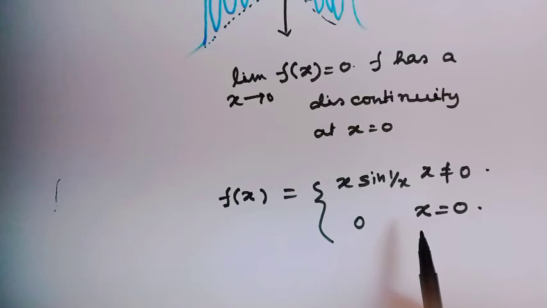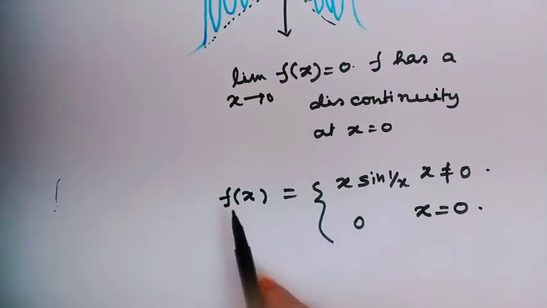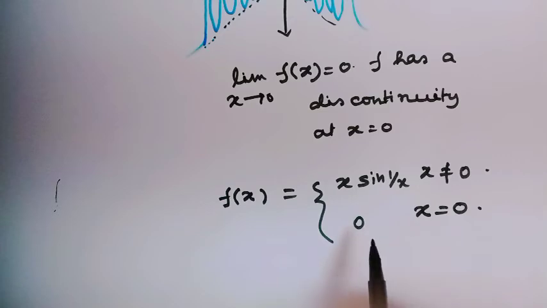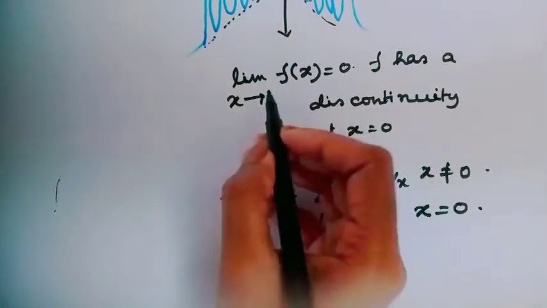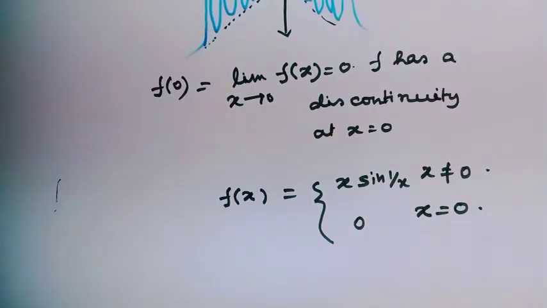And is this function continuous? Here the limiting value is 0 and the function at x equal to 0 is also 0. That means the limit is equal to f0. So the redefined function is continuous.